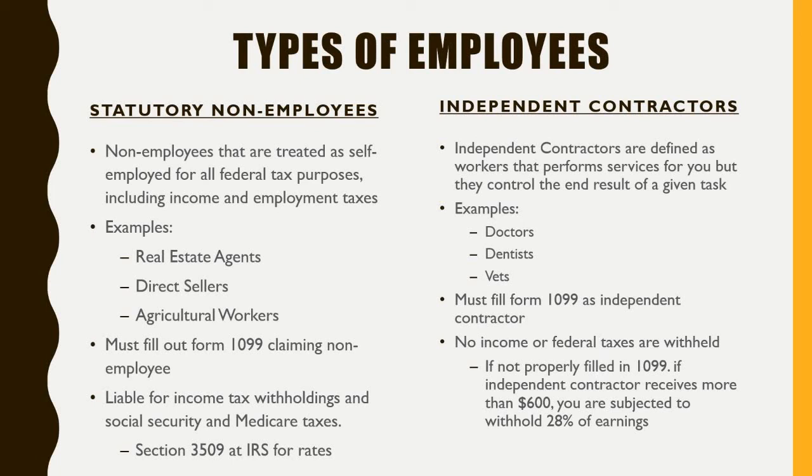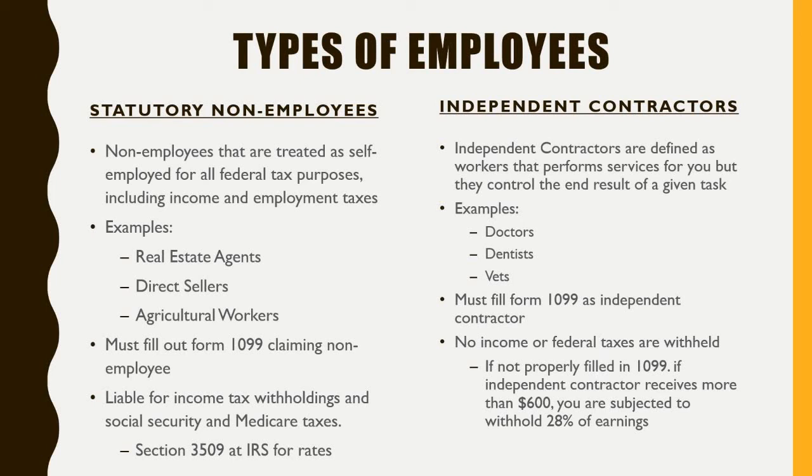Whenever they work that day, if they get a call saying, hey, I want to take a look at this house, here's a huge thing: if that person sells that house, they get benefits out of it. They get money on top of money. That's why a real estate agent would be a perfect statutory non-employee. However, they work together as a company. Agents act as if they're their own individual person trying to make the sale, but they're working together as a company.